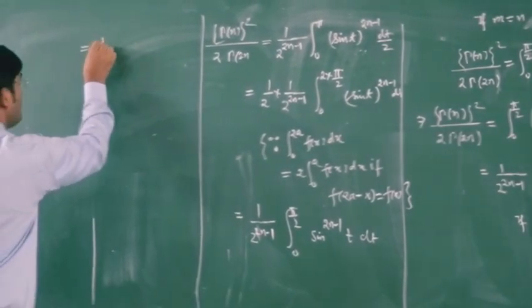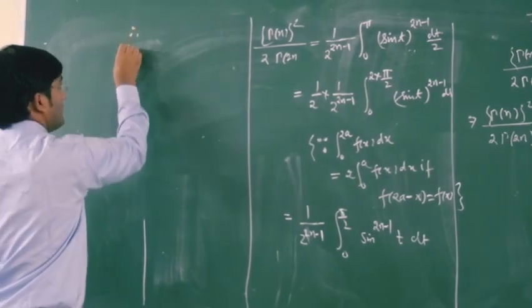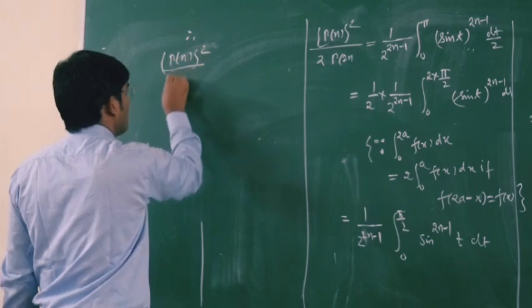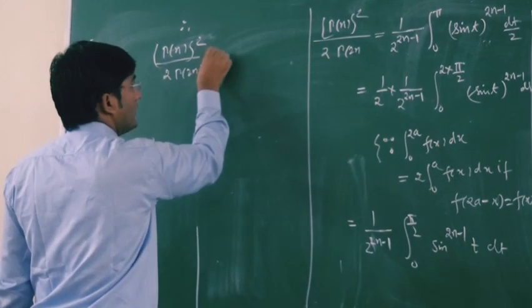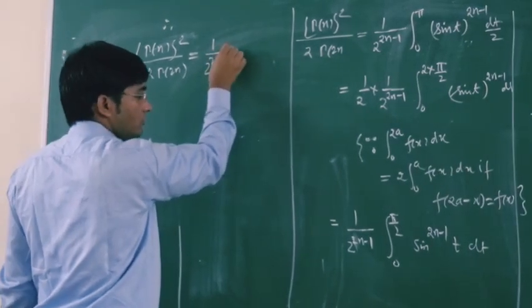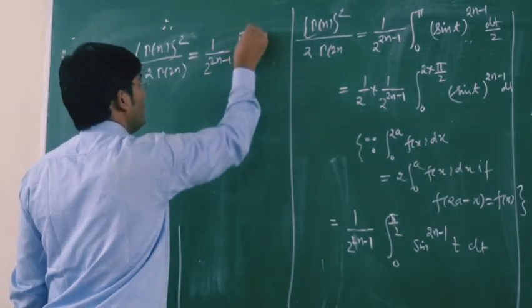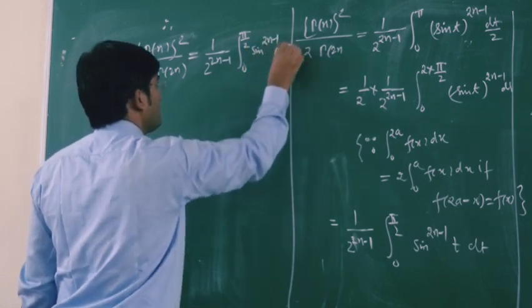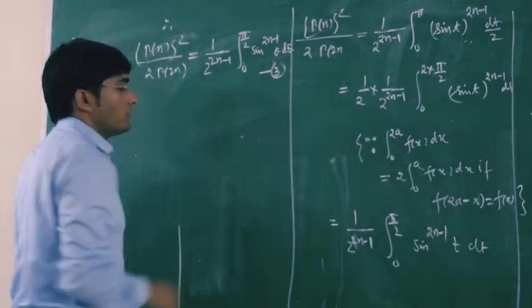So therefore your left hand side, gamma n whole square divided by 2 times gamma 2n, is equal to 2 power 2n minus 1 into the integral 0 to pi by 2 of sine 2n minus 1 theta d theta. Now say this is equation number 3.